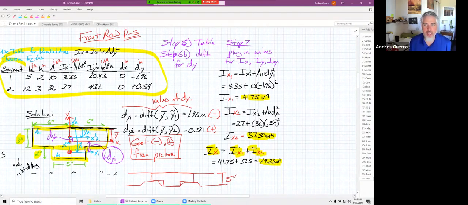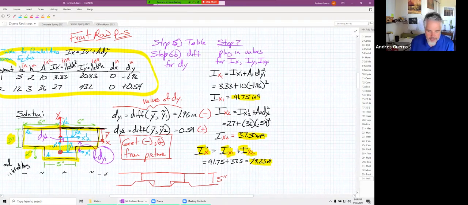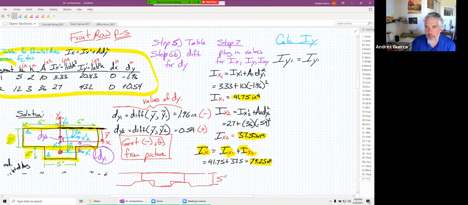Okay, let's go ahead and move on now. We calculated IX, and now we would do the same thing for calculating IY. I'm not going to go into a lot of details, but IY1 would be equal to IY prime 1 plus A1 times the distance between the Y axis and the Y prime axis, and that's a dx distance, so dx squared.